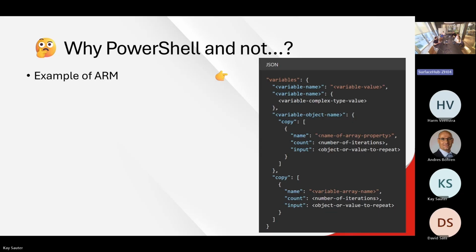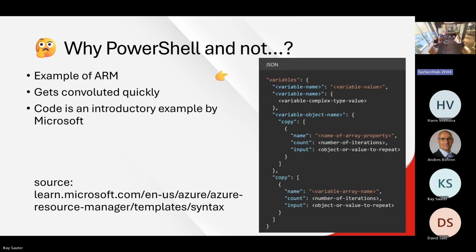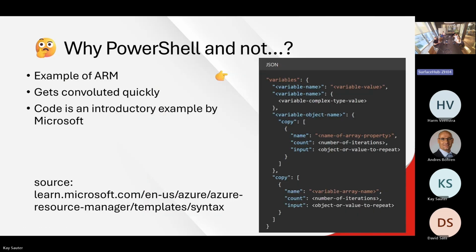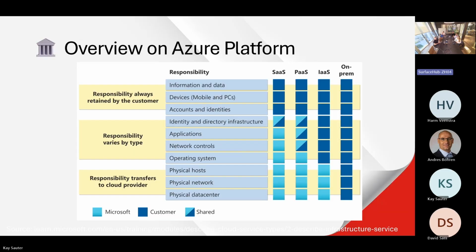It was very hard to do because you have to remember all the objects, all the brackets and everything. So it was pretty hard and also gets convoluted very quickly. This is just an easy example you see here. It's a very complex thing.